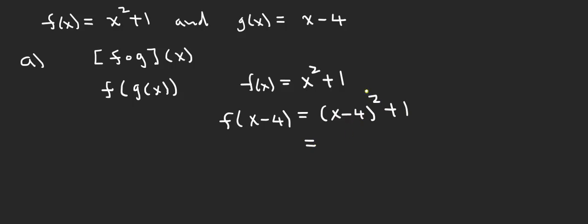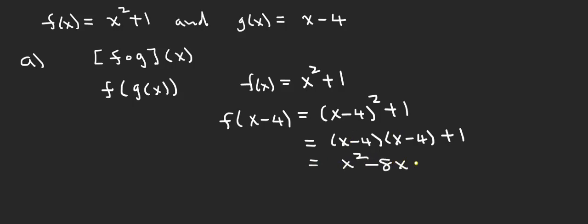So you need to evaluate this, which is going to be x minus 4 times x minus 4. And you multiply this out, you're going to get x squared minus 8x plus 16 plus 1, which is x squared minus 8x plus 17. So this is f of g of x.